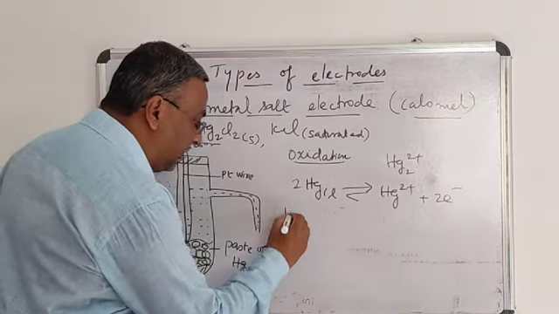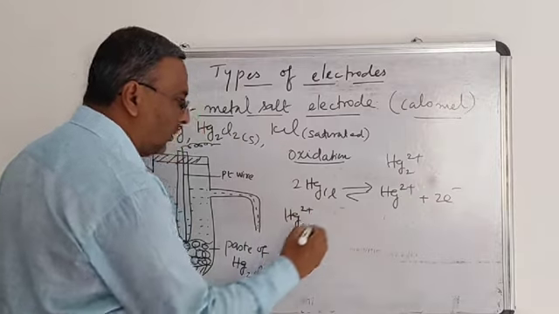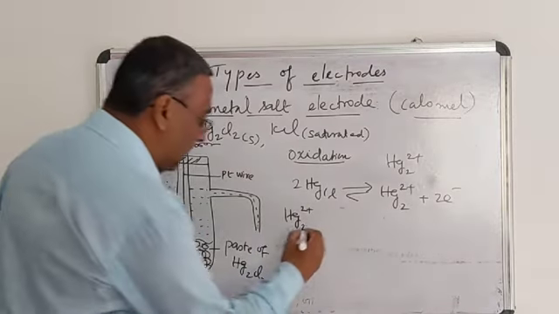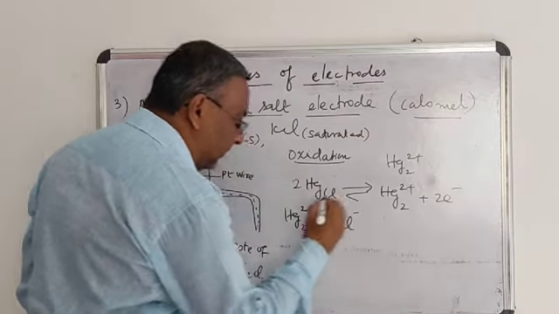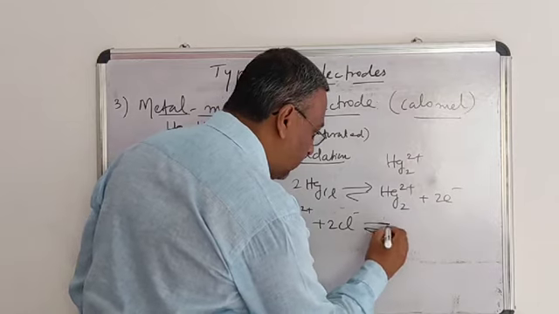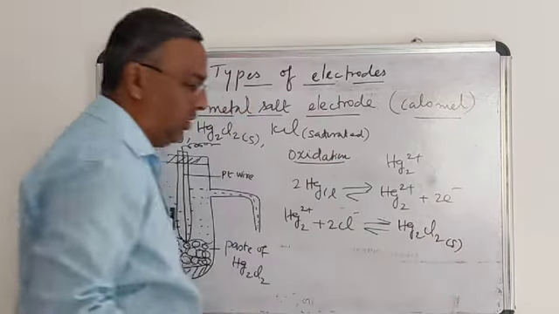Then this Hg2 2+ combines with Cl- ions of potassium chloride to give mercurous chloride salt.